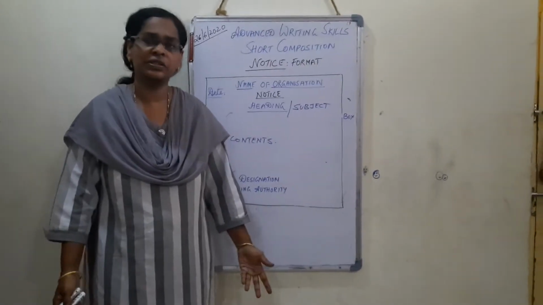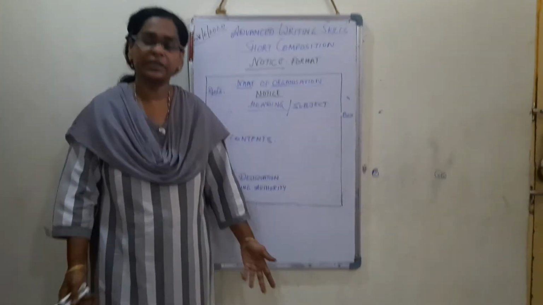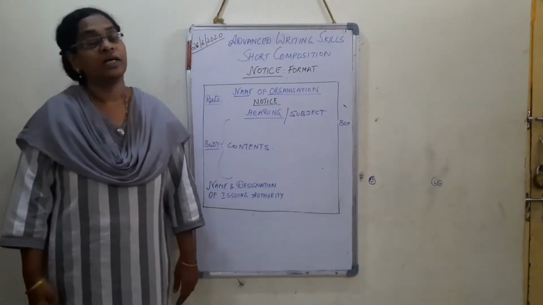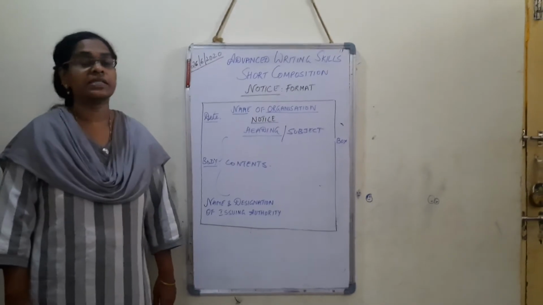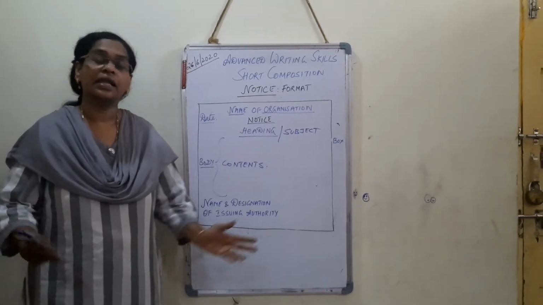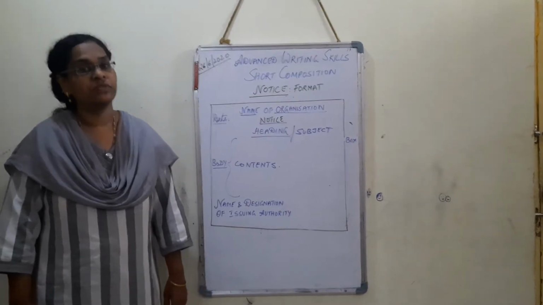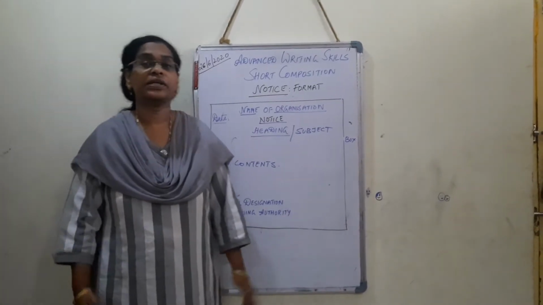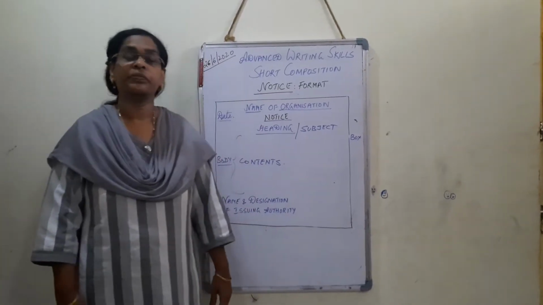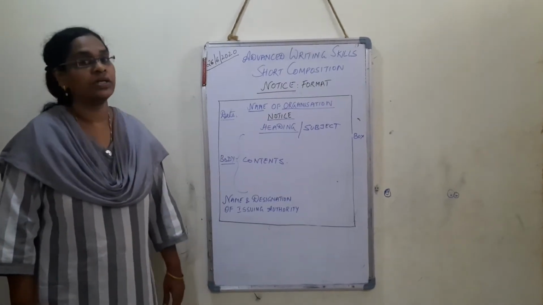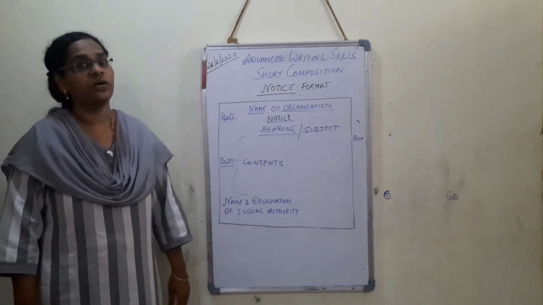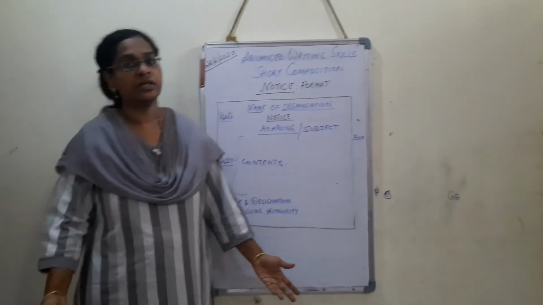It could be an event, or some occasion, a competition, a festival, which is intended to reach a large section of people. So notices are written pieces of information intended to reach a large section of people, conveying information about any kind of event or a festival or an occasion or a competition.